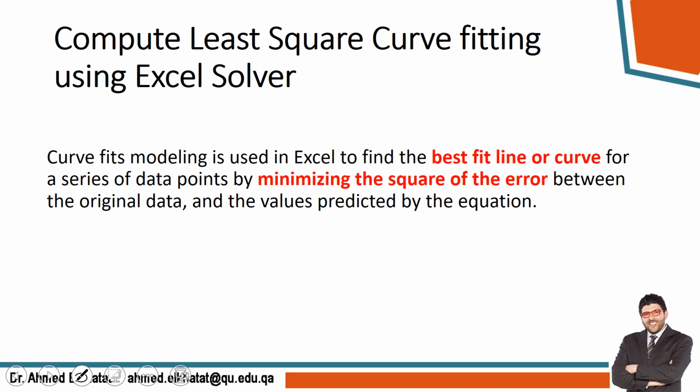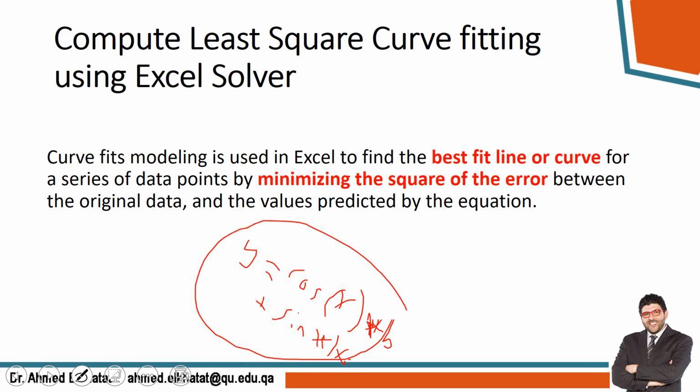Like, for example, y equals cosine x plus cosine x times b plus sine x times c, whatever. You can't find this easily by using normal numerical methods, so we use something called least square curve fitting.